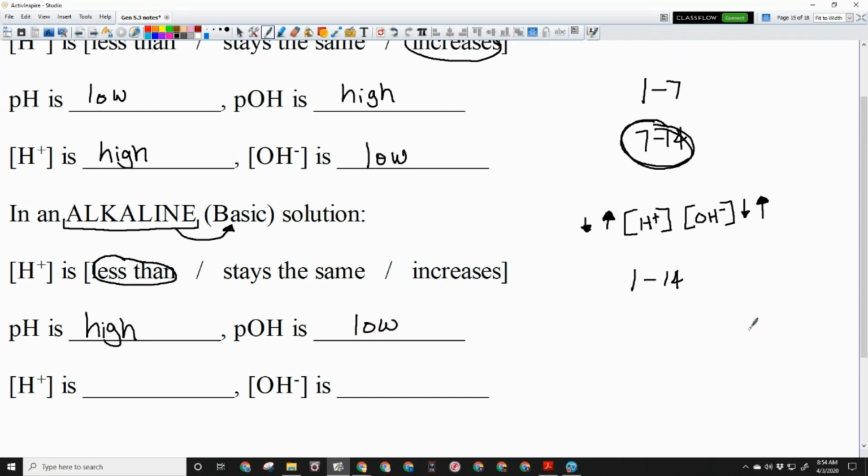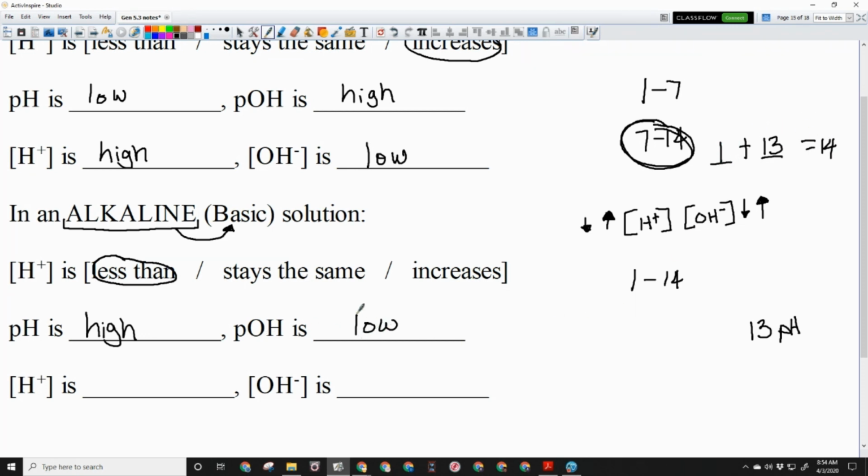So if we have a pH of 13, that's very, very basic. That's a really strong base. If we have a pH of 13, since 1 plus 13 is equal to 14, our pOH has to be 1 because both of these have to equal 14.